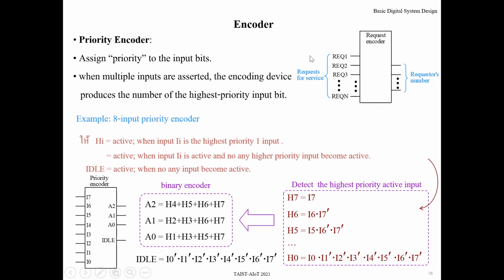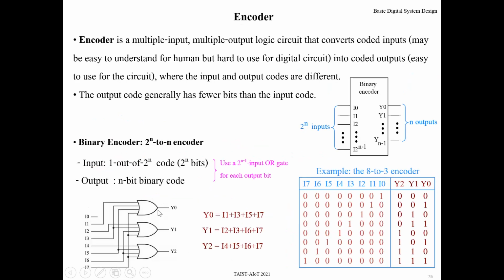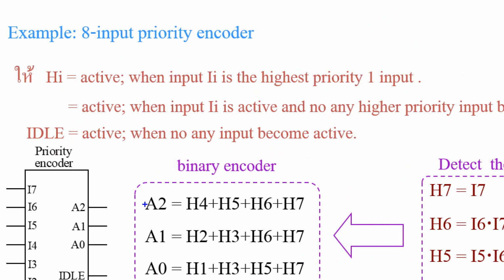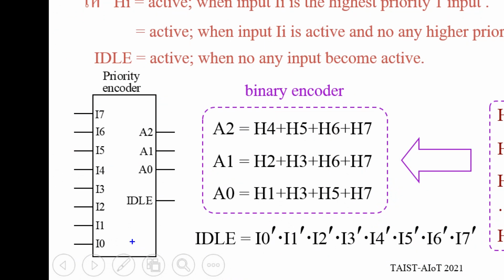When you know the highest priority, then you can use the same condition to show the output of the highest priority active bit. Following this method, what happens if I apply these bits active?